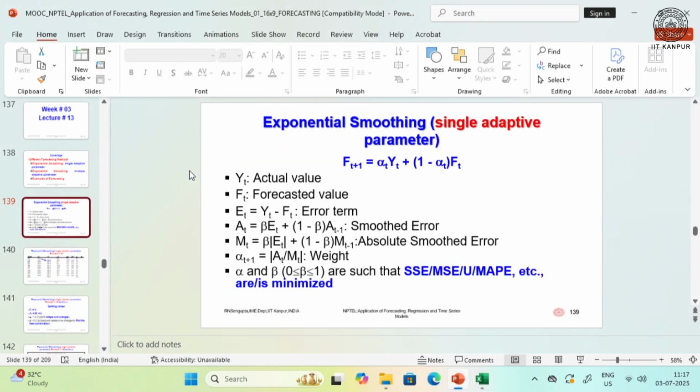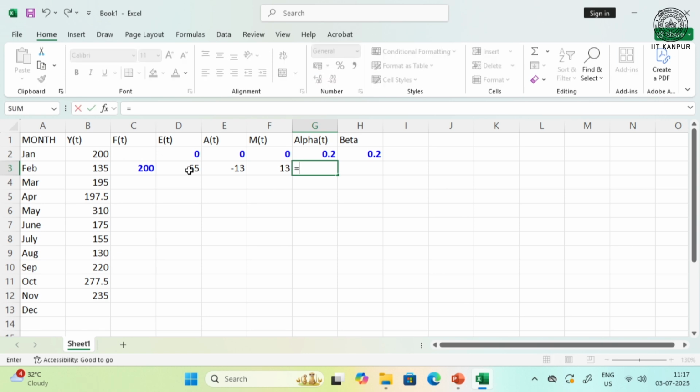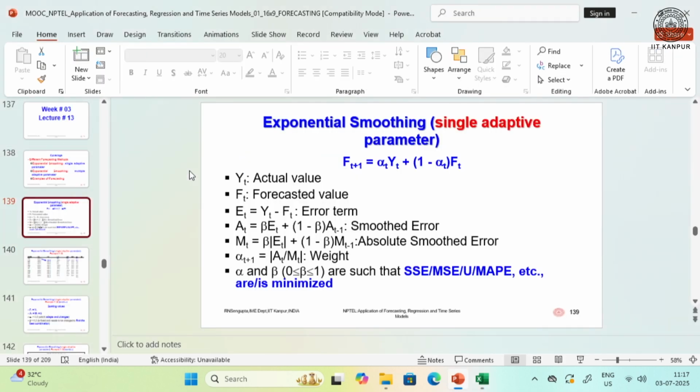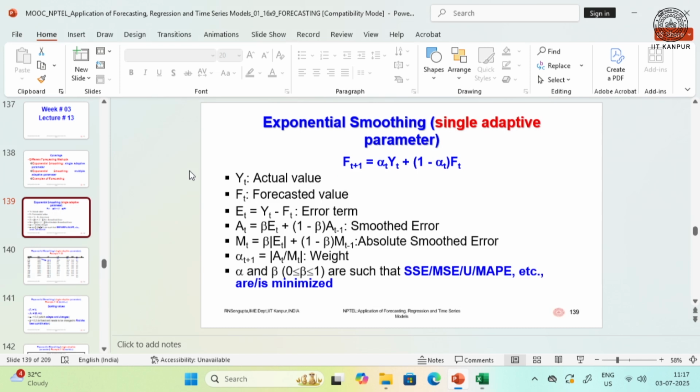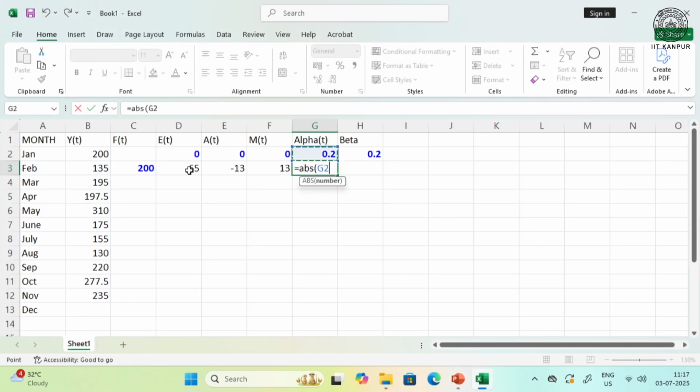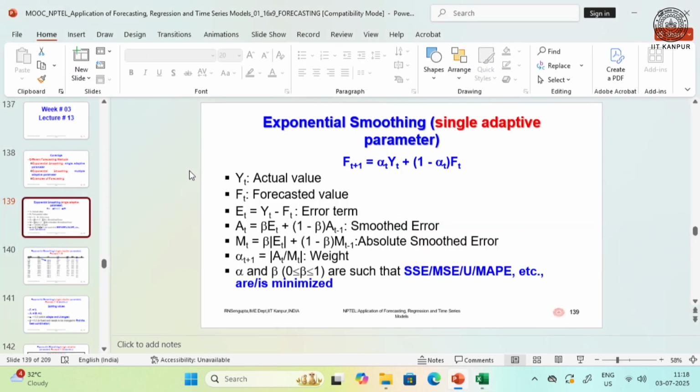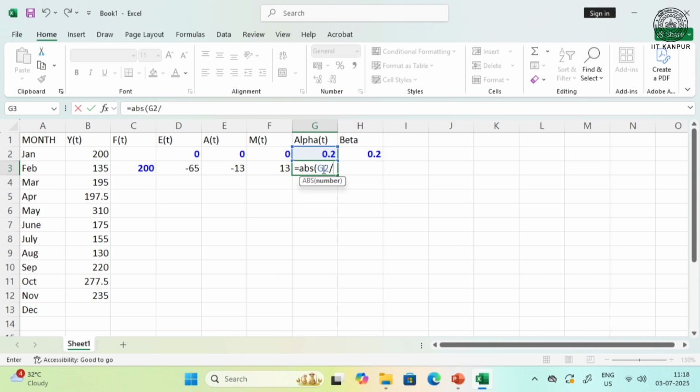Now I want to find out alpha t plus 1, which would be the absolute value of at and mt. Obviously at and mt are the past values. So I have to consider some mt value. This becomes at being E2, and mt has to be put.